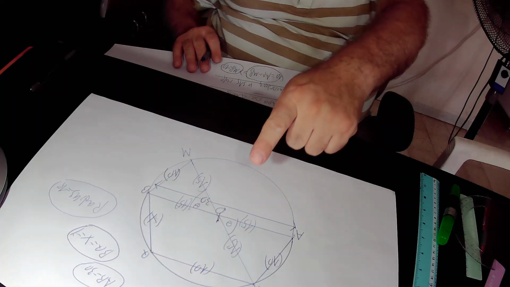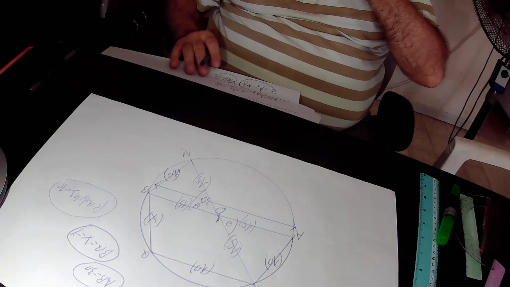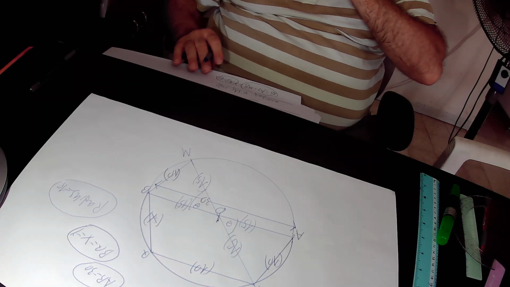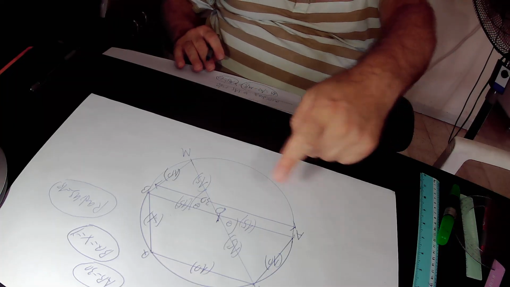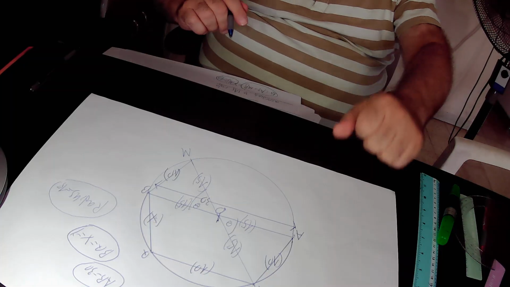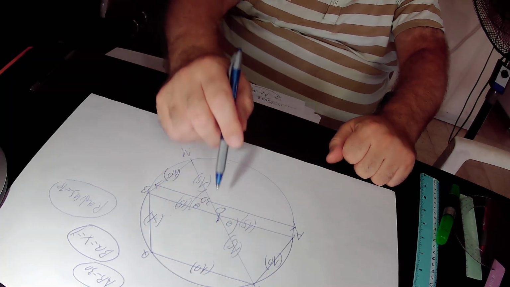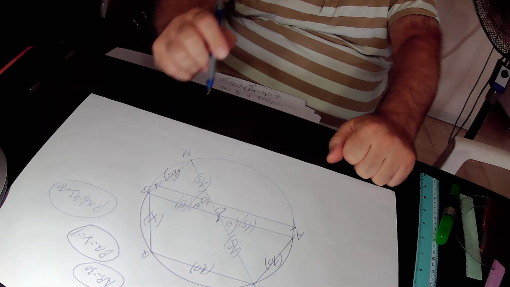Chord PM passes through point O, that is the center of this circle, and we know that any chord that passes through the center of the circle must be the diameter of this circle. So PM is the diameter of this circle. So I'll copy this semicircle with the diameter PM, and we will analyze this semicircle.